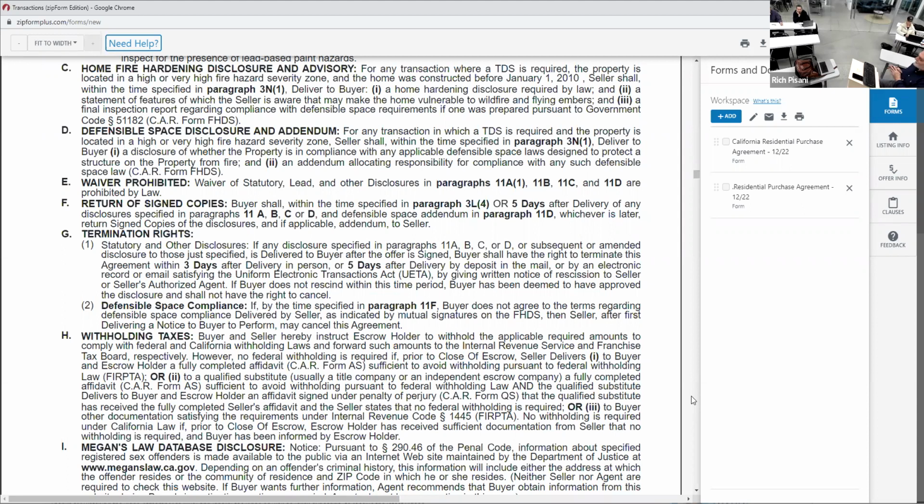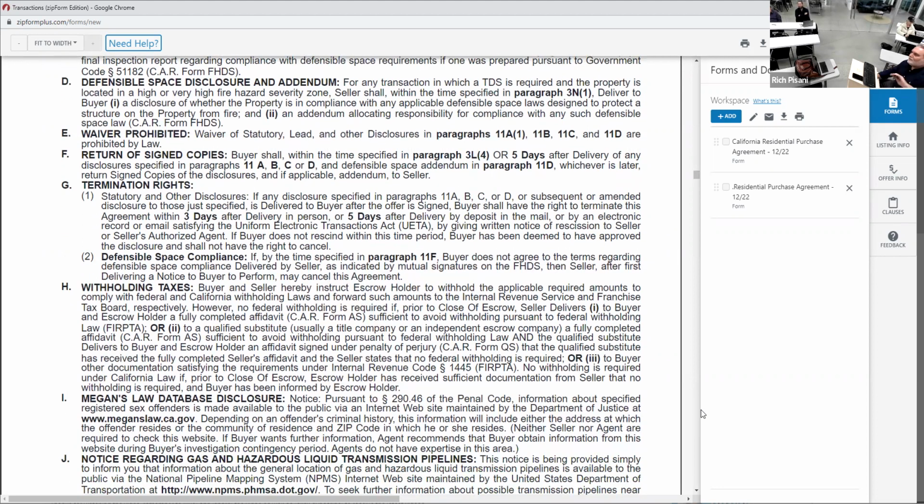That means even if the buyer removed their contingencies for seller disclosures, the minute that AVID gets sent to the buyer, you've given them an out. If they don't like something they see in your AVID, then they have a termination right for 5 days. They can rescind that sale.